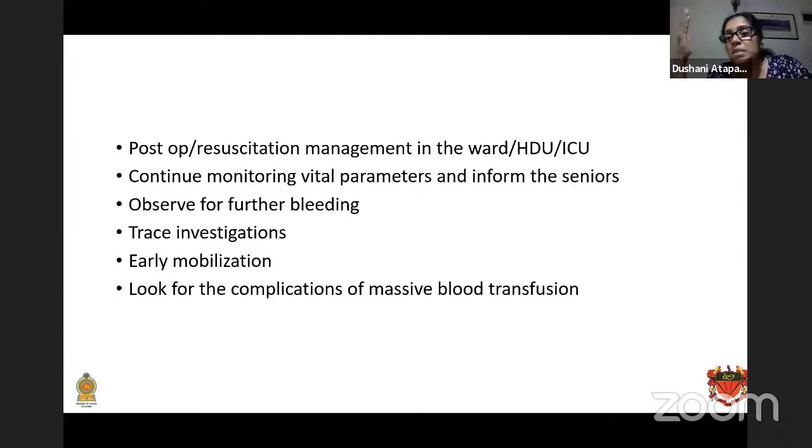But in a base hospital where I work, for example Dambulla, we don't have platelets in our blood bank. So we have to get them from the nearest other hospital like Matale or Polonnaruwa, or wherever. Until such time you can give blood, and FFP is usually available.